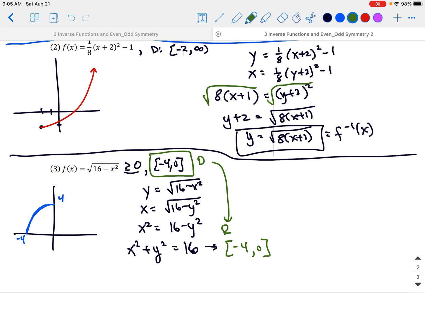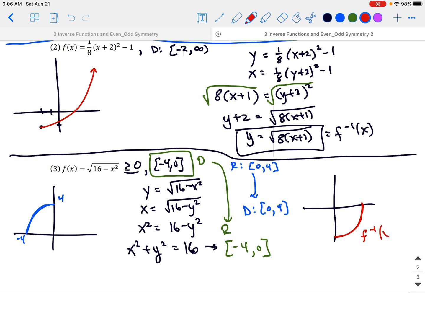And we'll note that the range of our original function is still 0 to 4. And that will become the domain of our inverse. So that means x's are going to be between 0 and 4, and y's are going to be between -4 and 0. So what we're going to get for our inverse function is that quarter circle in the fourth quadrant.